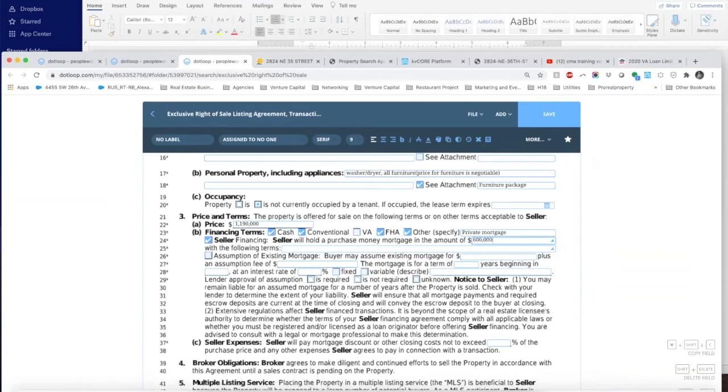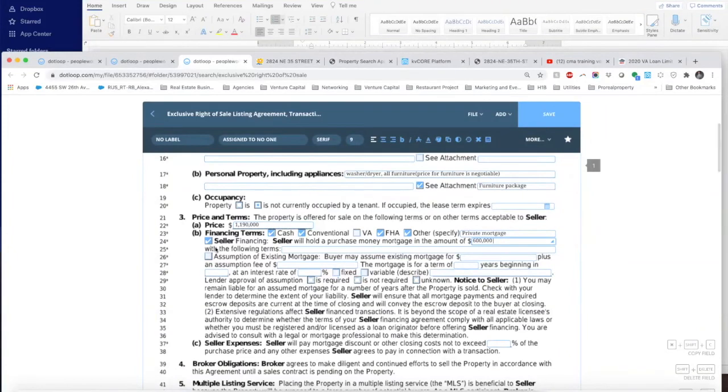So I will say $600,000, I can do seller financing at the following terms. Let's say I want 5% interest, based on a 30-year loan period, and after 5 years, it's going to be a balloon, so they will need to refinance after 5 years.